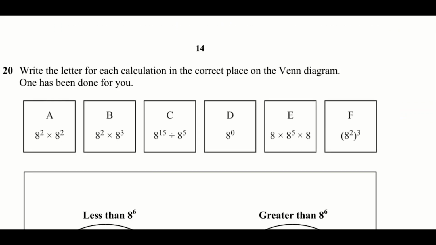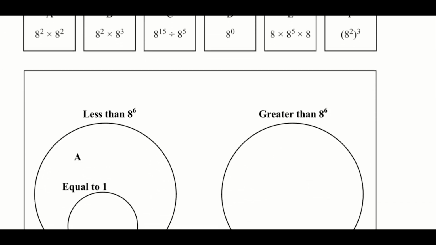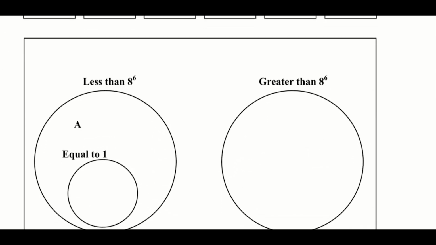So let's see, let's scroll down. The next question will be question 20. Write the letter for each calculation in the correct place on the Venn diagram. One has been done for you. Okay, let's see the Venn diagram. If it is less than 8 to the power of 6, write it here, inside this bigger circle.